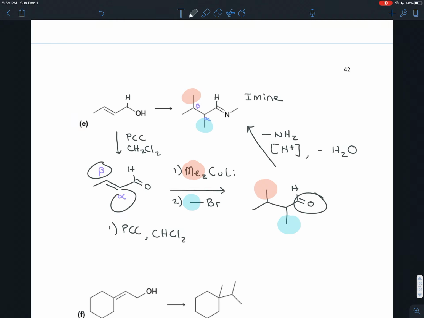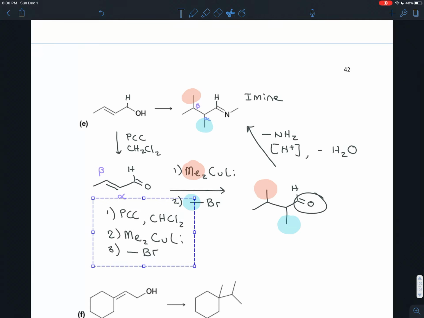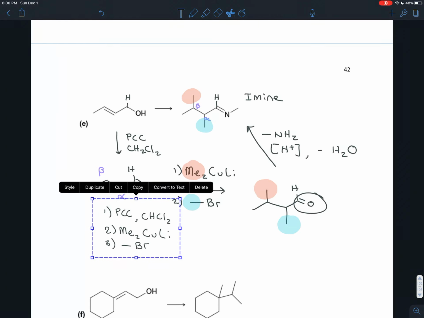Then we can dialkylate the alpha-beta unsaturated aldehyde, first by using a weak carbon nucleophile, in this case dimethyl lithium cuprate, and we based the carbon in this Gilman reagent on what we wanted to attach to the beta carbon in the final product. And then that creates an enolate that allows the alpha carbon to act as a nucleophile. So we just look at what we want to attach to the alpha carbon and give that carbon group a leaving group on it so that we can do an SN2 reaction.